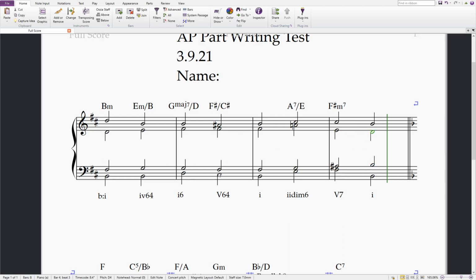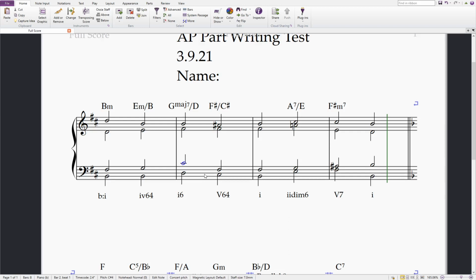Now, the thing is that you might say, well, Mr. Smith, I got all the way through this thing and I didn't have any parallel 5ths or 7ths. Right, but it doesn't really count when you don't spell the chords right. Because I assume that you probably would have made this G into D. I don't know actually what you would have chosen.